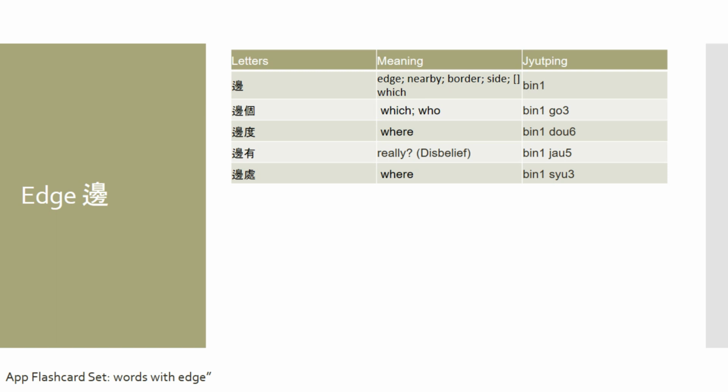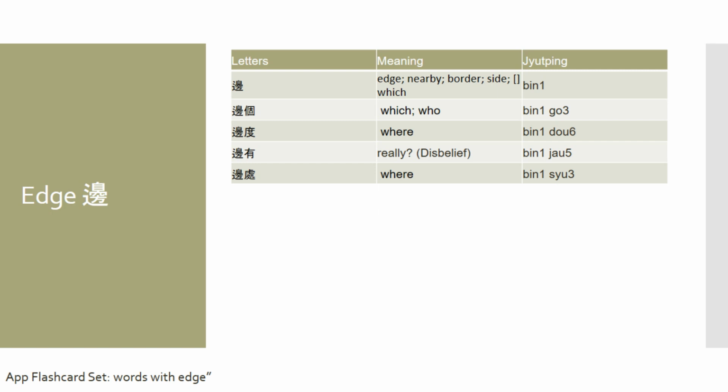Now, if you want to say really and in disbelief, then you would say bin yao. Especially with the disbelief, you would probably want to add a particle in the end.